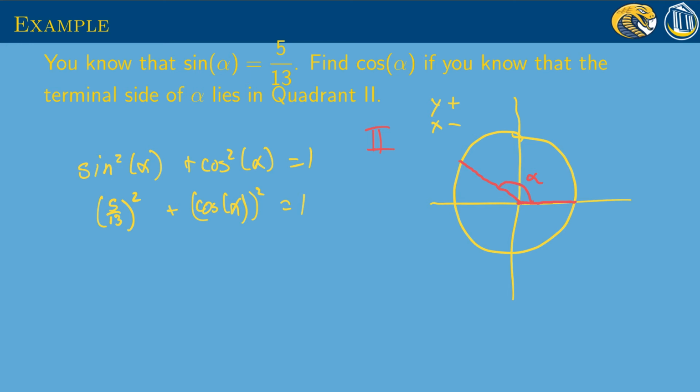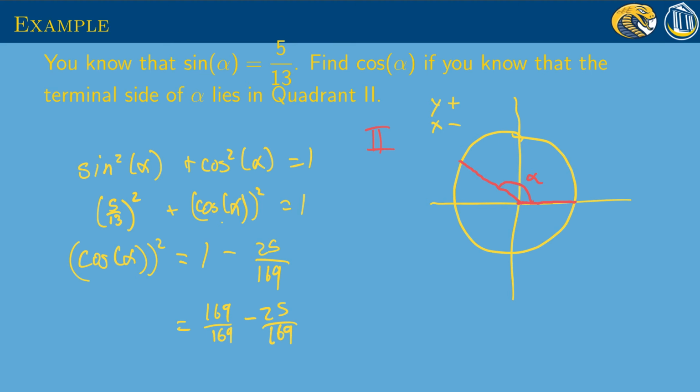Since we're trying to find cosine alpha, we can treat this whole thing as a variable and solve for that variable. Specifically, we can subtract 5/13 squared from both sides, giving us cosine of alpha squared equals 1 minus 25 over 169. If we simplify that, that's the same thing as 169 over 169 minus 25 over 169.